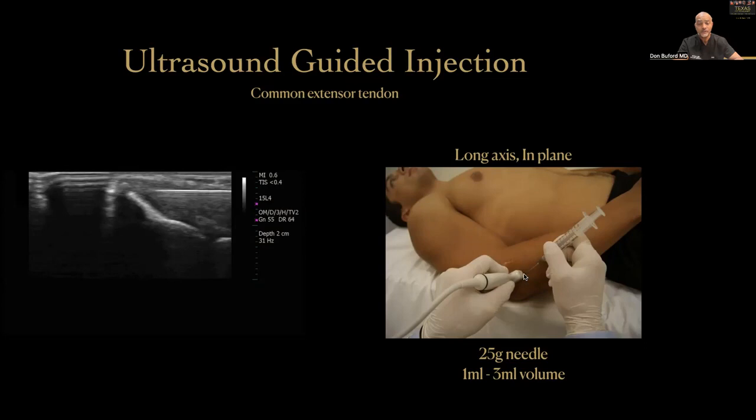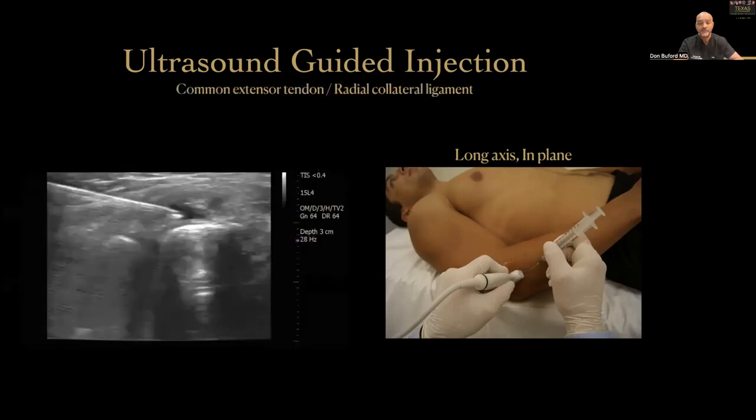If someone has a little bit more muscle or is a little bit larger elbow, you may have to do a little bit more of an oblique injection. It can still be in plane, but your needle entry point may be a little bit closer to the epicondyle. And of course, you can also do these out of plane as well. And if you haven't done that and want to see that, then make sure and get with me next time I'm around.